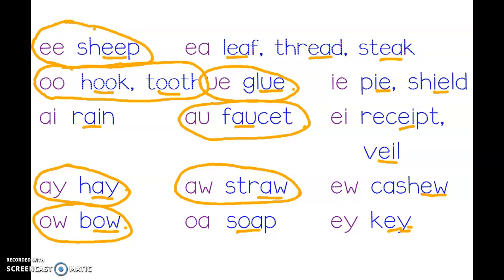Let's go ahead and practice spelling some vowel digraph words. Number 11, always. Number 12, each. Number 13, three. Number 14, soon.